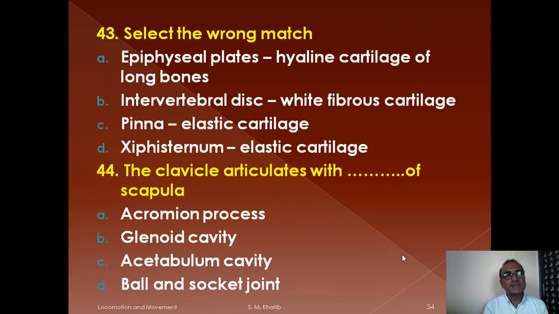Question number 43. Select the wrong match. You have to select the wrong one. Epiphyseal plates, hyaline cartilage of the long bones. Now, let me tell you what epiphyseal plates are, or what the epiphysis is. At the point where the long bones of the hand and leg join, forming a joint either with the girdles or between the upper and lower bones, you see that on both ends of a long bone there is a protective plate of cartilage covering it.